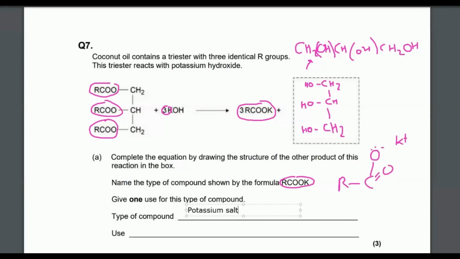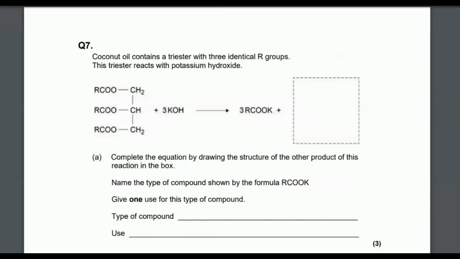And you can see what happens is a positive potassium ion from your source of potassium, like KOH, joins on to the lone pair on the oxygen on the carboxylate ion. So you get potassium carboxylate or a carboxylate salt or a potassium salt, and the use of these is soap. Okay, so nice easy 3 marks.